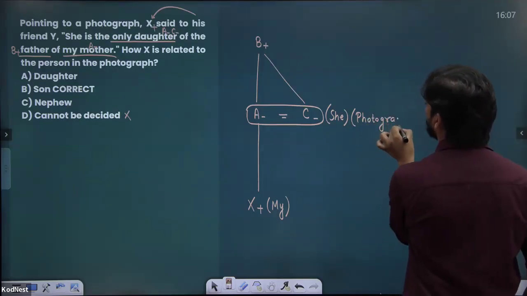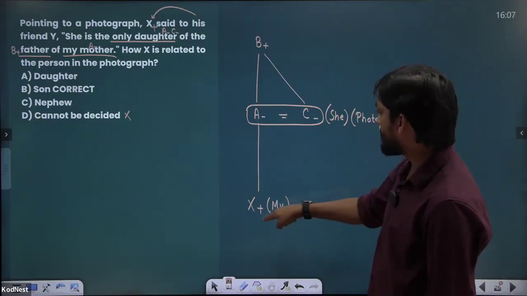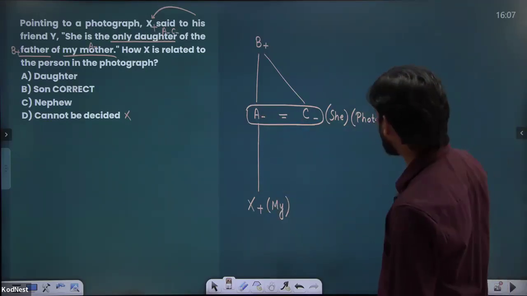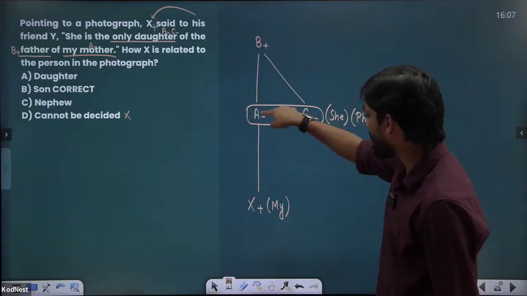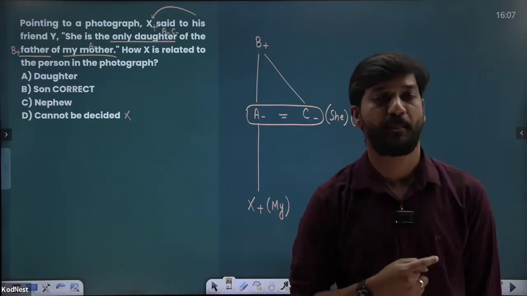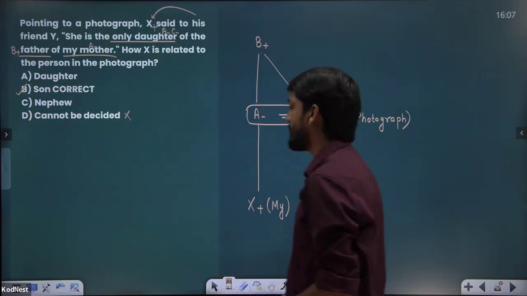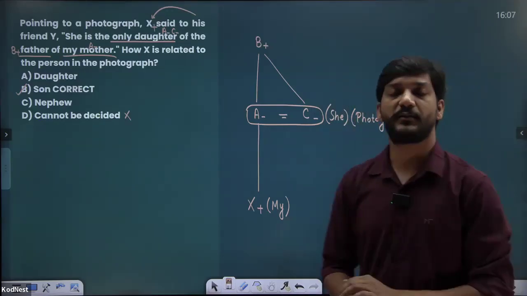So answer now. How is X related to the person in the photograph? Who is X with respect to this person? Who is he? Son. So he is the son. So son is the correct answer for this.